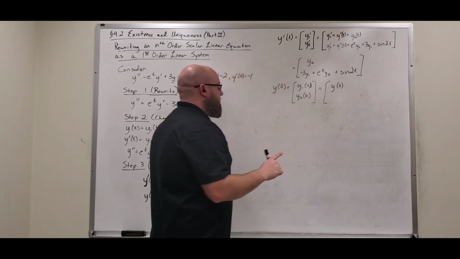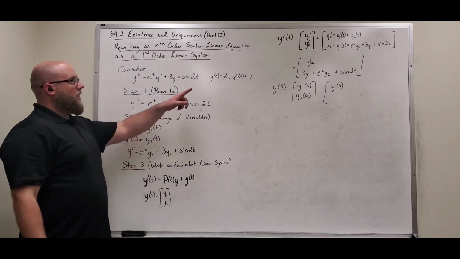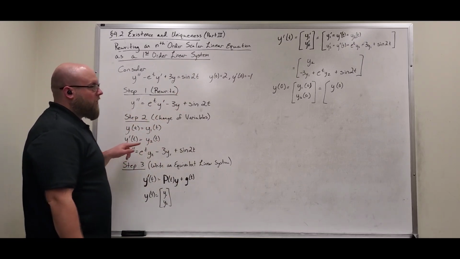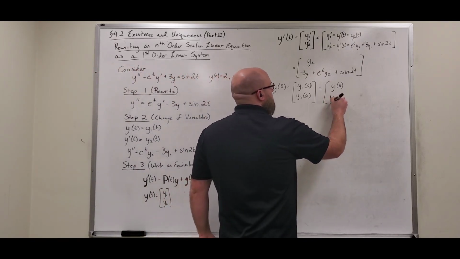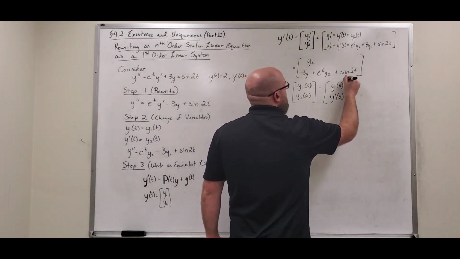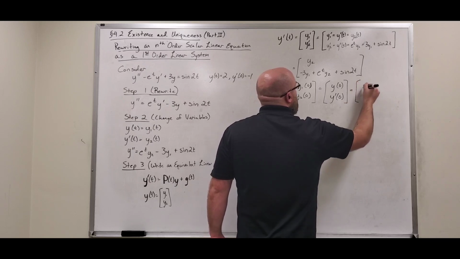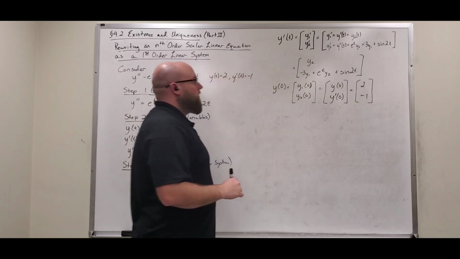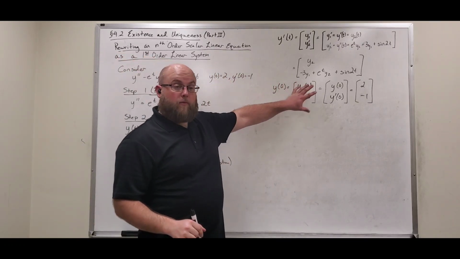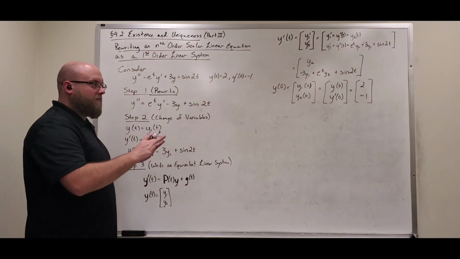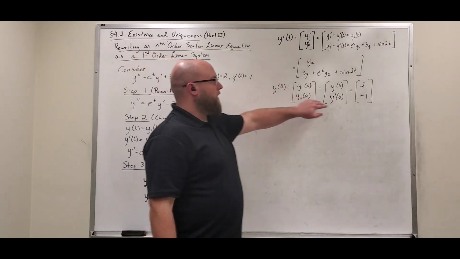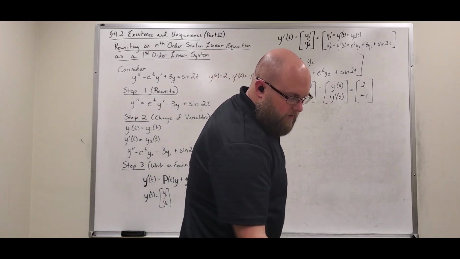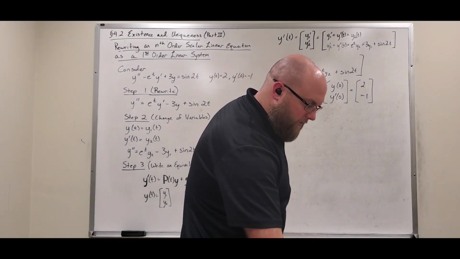And y2 is y prime, so this is y prime of 0, which is equal to 2 and negative 1, respectively. All right, so notice here that we have now rewritten our initial conditions, our IVP, as the following matrix of 2, negative 1, and 0. All right, so now we're ready to move on and rewrite this thing.